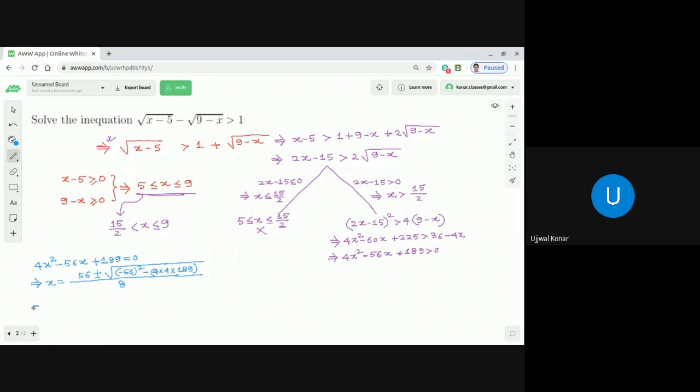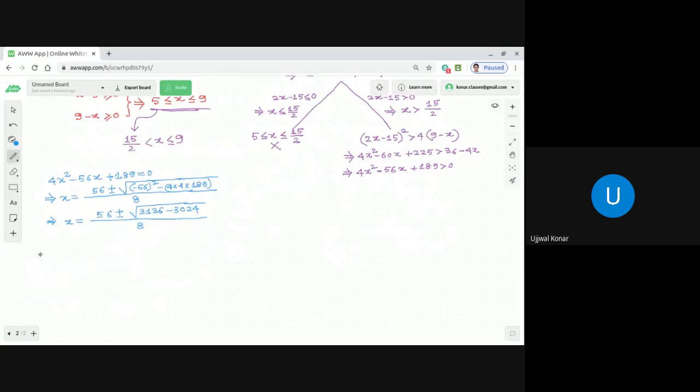So what we are going to get, dear students, x equal to 56 plus minus square root of 56 whole square, we are going to get 3136, correct na? 3136 minus 4 into 4 into 189, we get 3024, divided by 8.